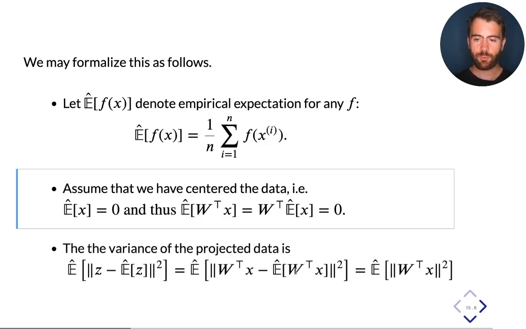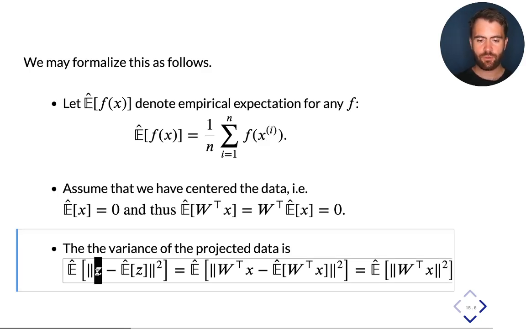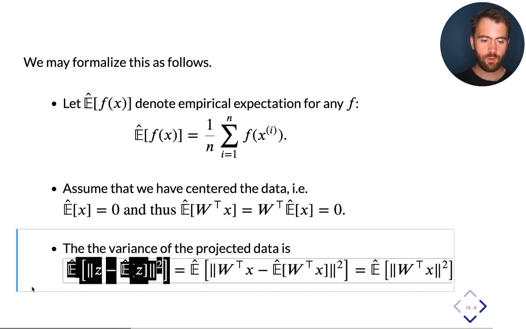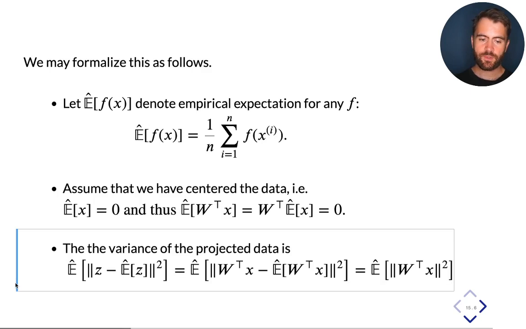And so now we can compute a formula for the expected variance of the projected data. Again, the data in the projected coordinates equals z, which is the transformation of x, and we want to have a formula for this variance, which is how much the data in the projected coordinates varies around its mean.